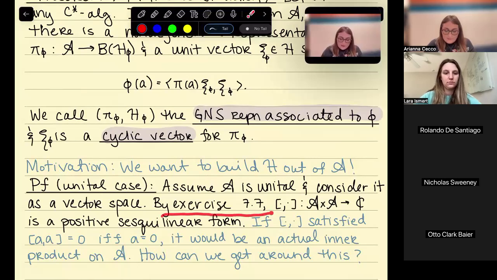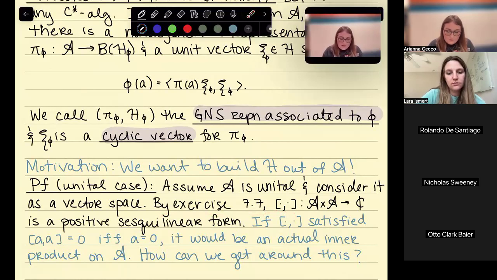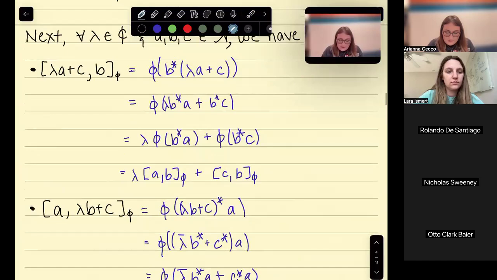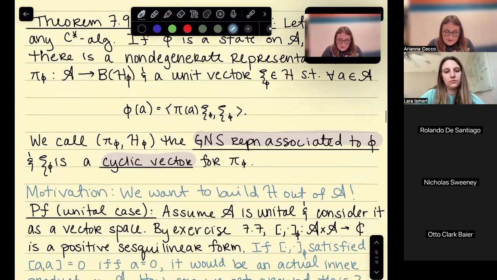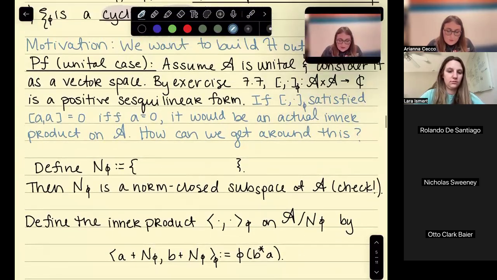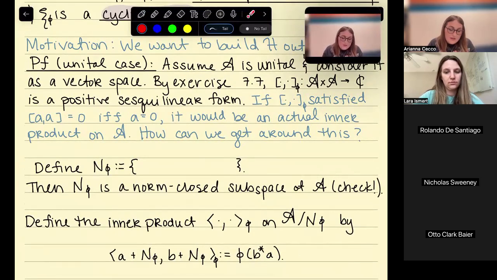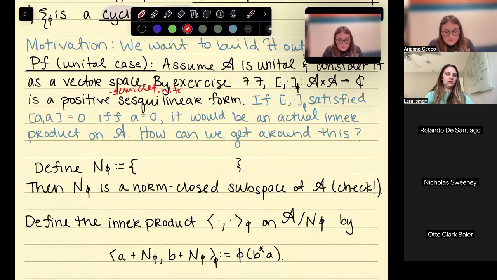By exercise 7.7, I kept dropping the sub phis. Okay, sorry guys. So we know that this is a positive semi-definite sesquilinear form.